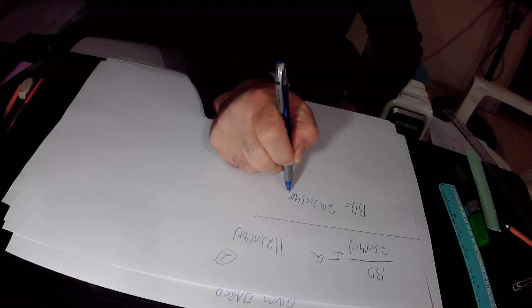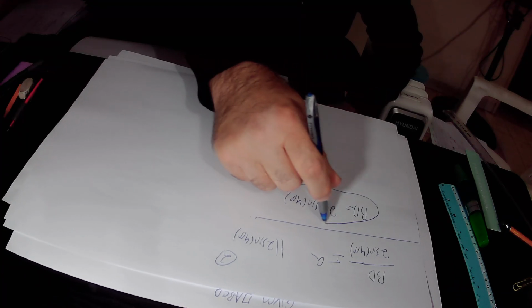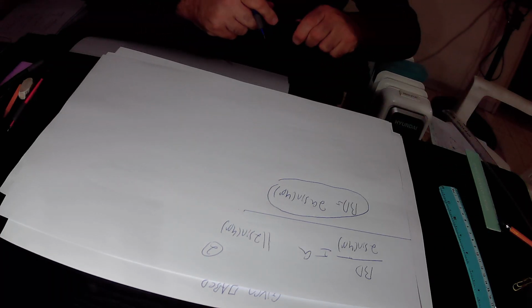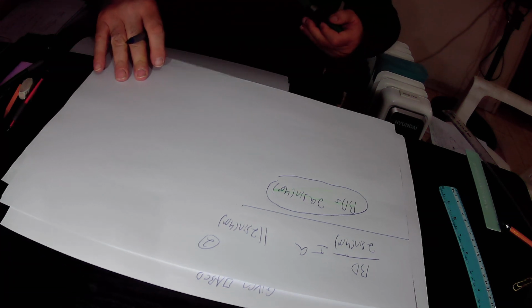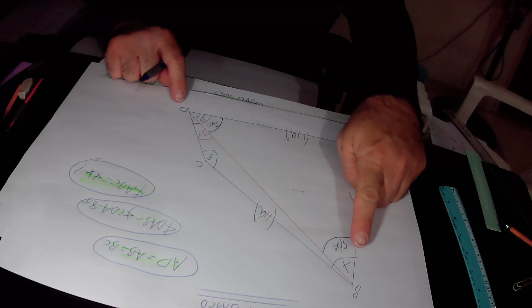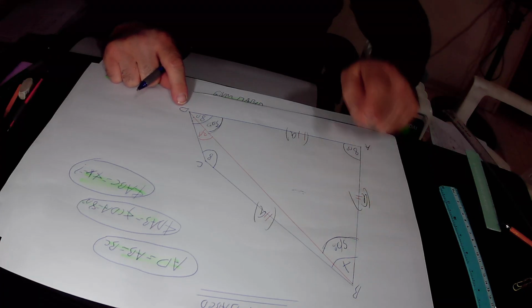So we found out that the missing side BD is equal to 2A times sine 40 degrees in its length. This is side BD that equals 2A times sine 40 degrees in its length. So write it down.